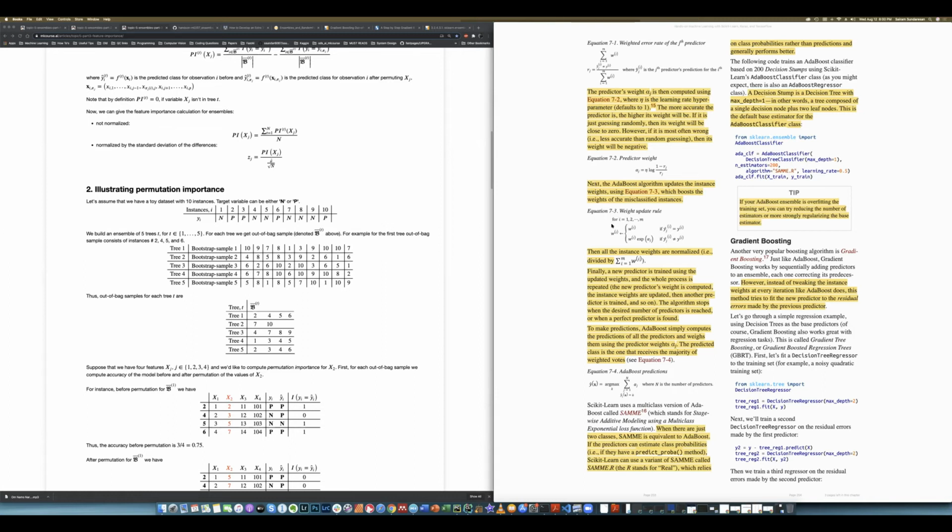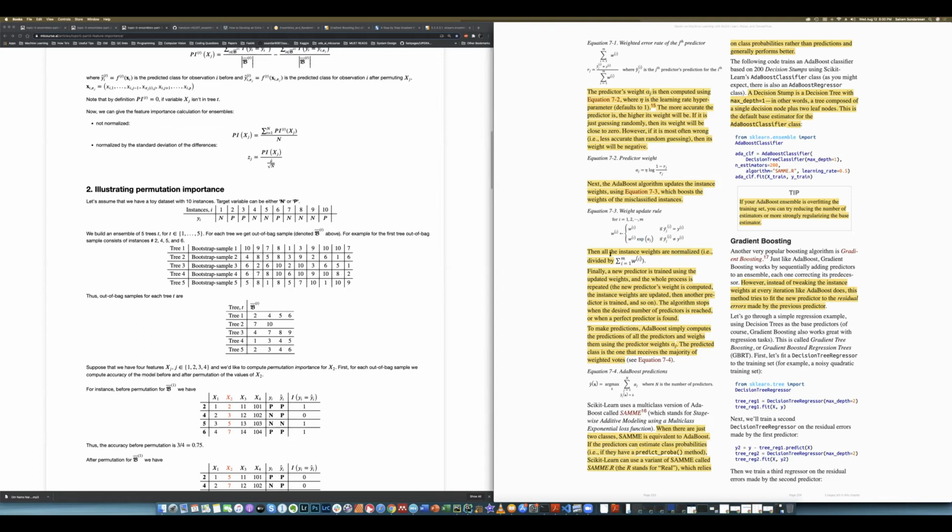And then the next thing that AdaBoost does is, we talked about how the training samples are reweighted before the next predictor has a shot at them. And this is how it's done. The weight remains the same if the current predictor got it right. It's the weight times the exponential of the predictor score if it got it wrong. So this second term weights the samples that were misclassified higher than the samples that were classified correctly.